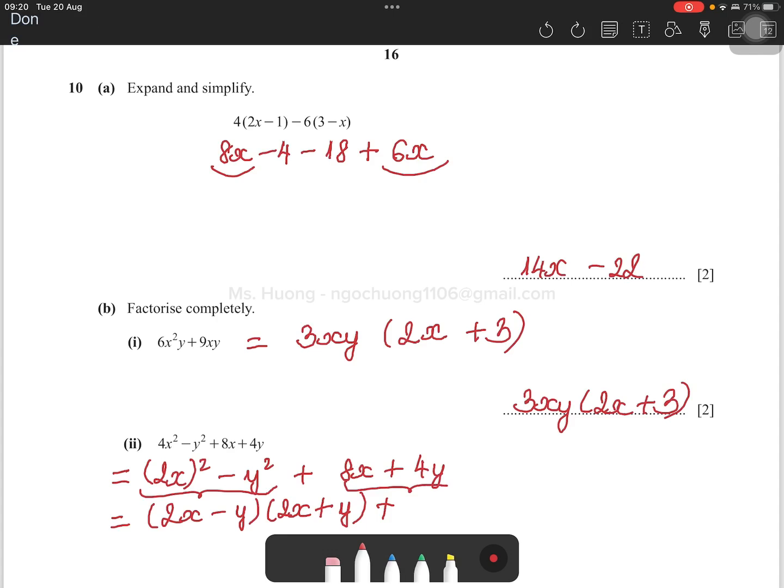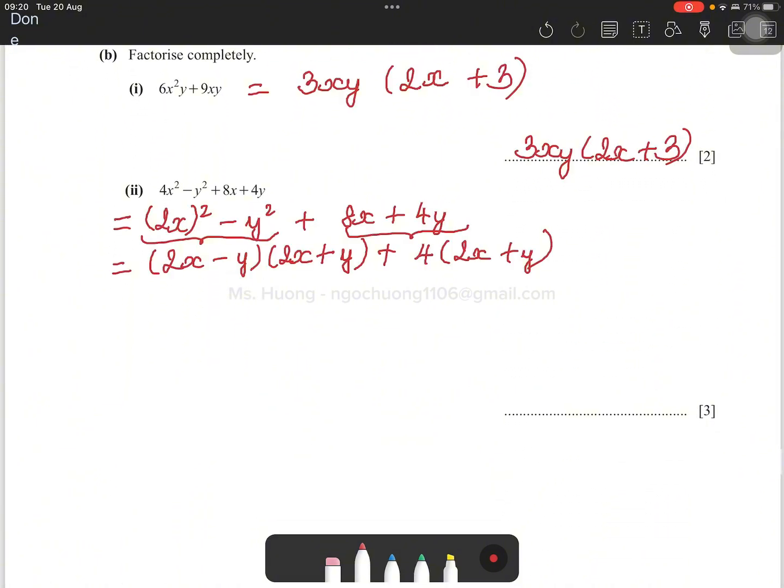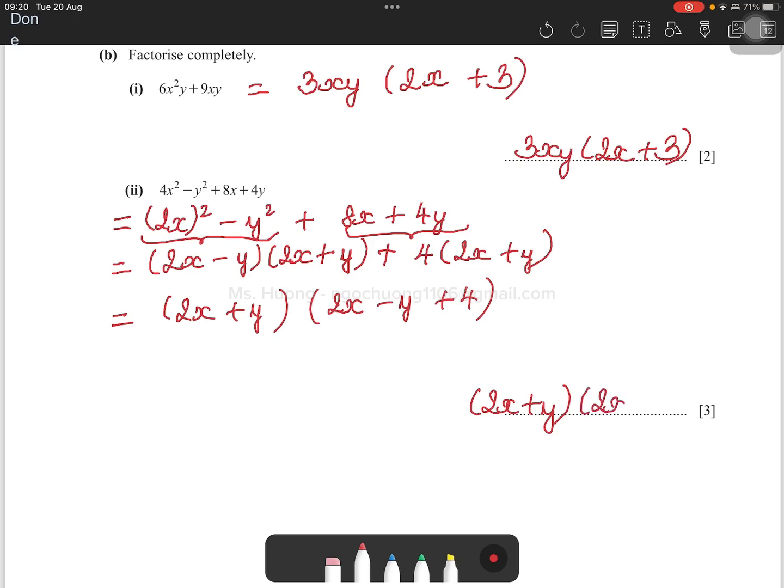And for the second pair, the common factor is 4. So we have 2x plus y left. And now the new common factor is 2x plus y. So we have 2x minus y plus 4 left. And this is the final answer. 2x plus y multiplied by 2x minus y plus 4.